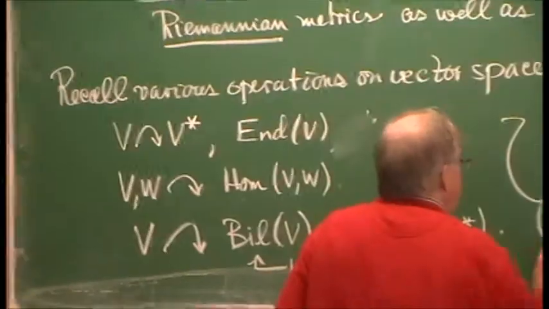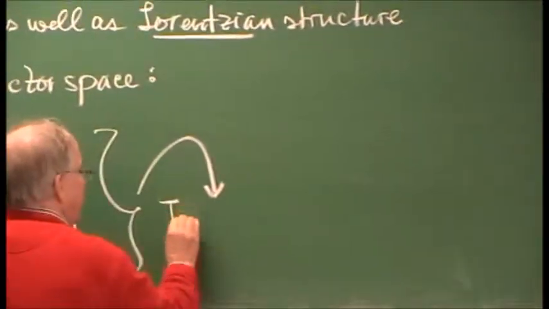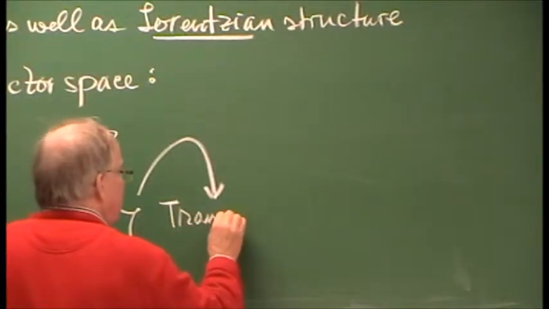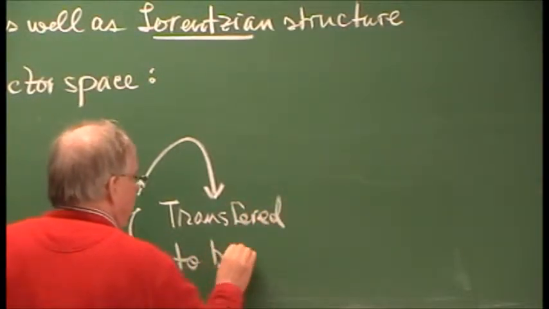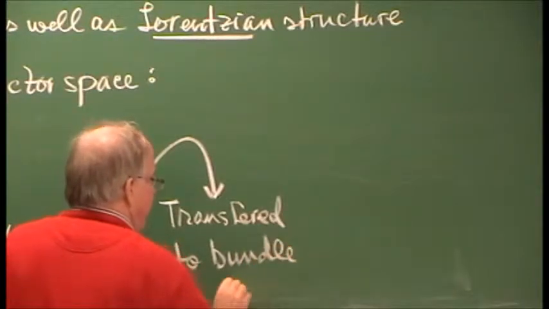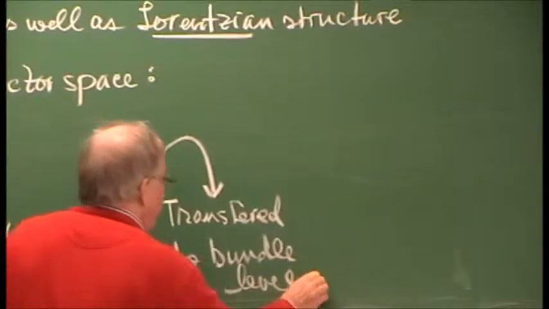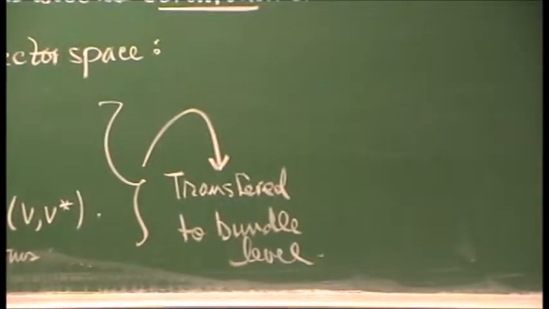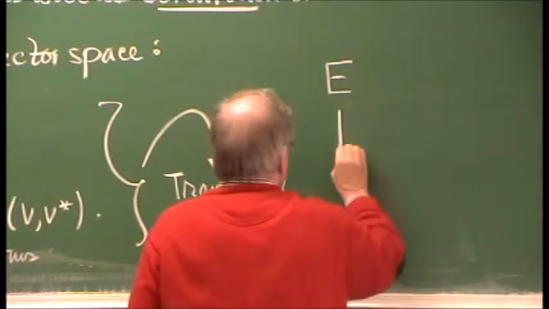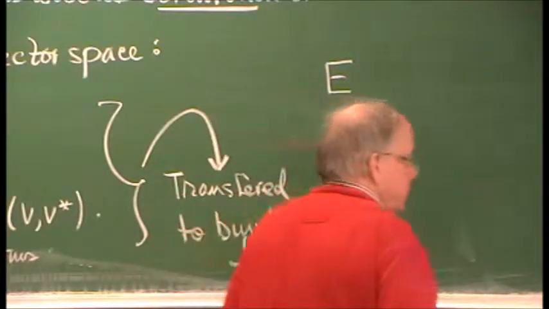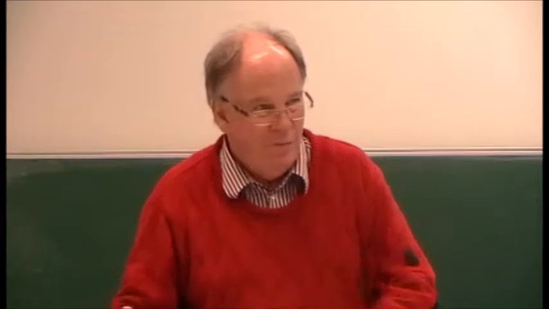Now, all these things can be transferred to the bundle level. So if you have a vector bundle, E over B, and we're all here in mathematics, we talked about this at lunch, a bit about the values of physical type of thought.